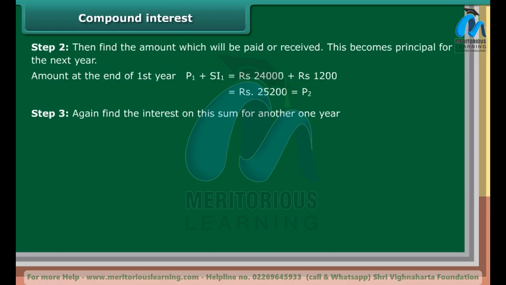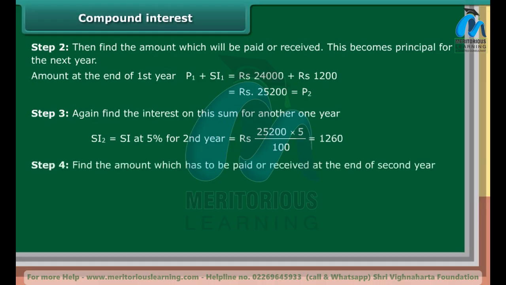Step 3. Again find the interest on this sum for another 1 year. SI2 is equal to SI at 5% per annum for second year, which is equal to rupees 25,200 into 5 upon 100, which is equal to rupees 1,260. Step 4. Find the amount which has to be paid or received at the end of second year.